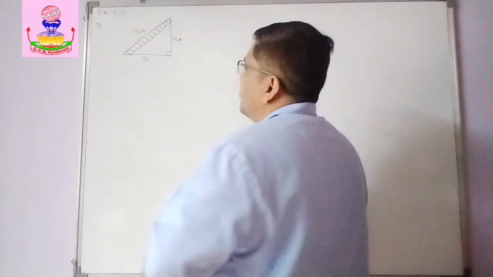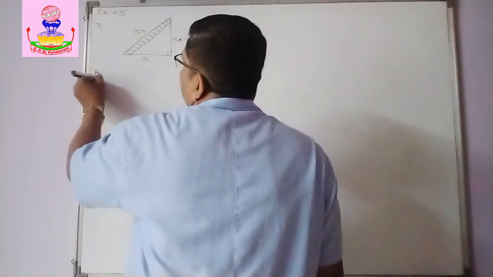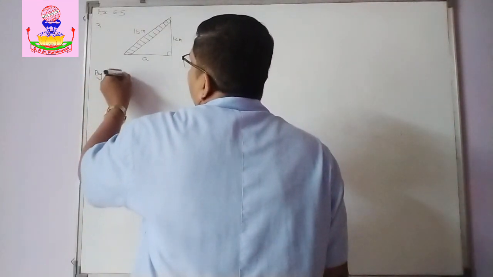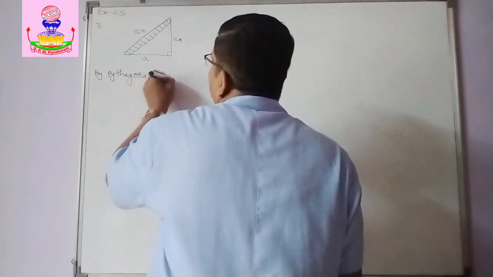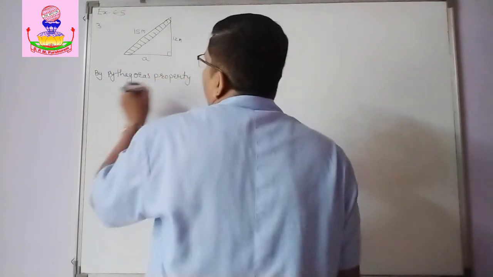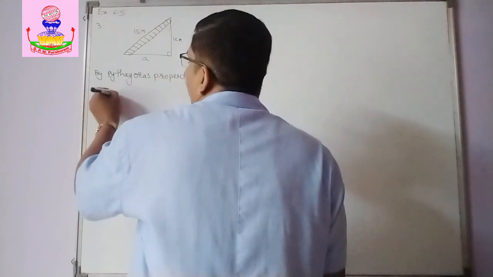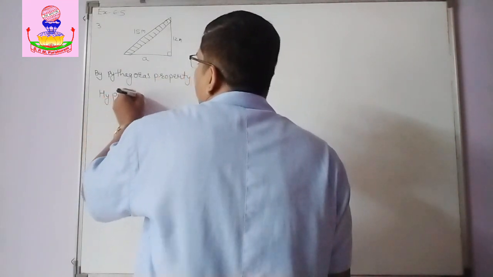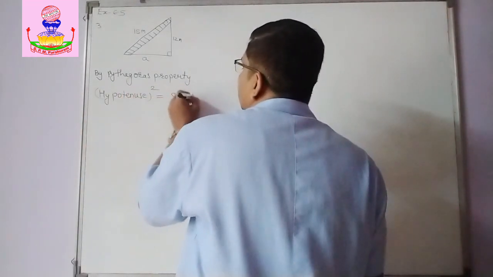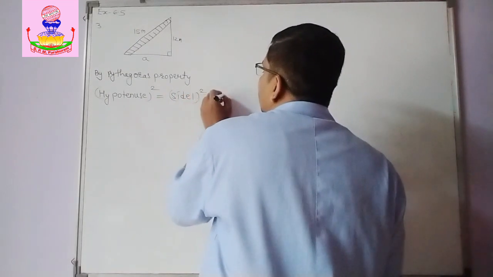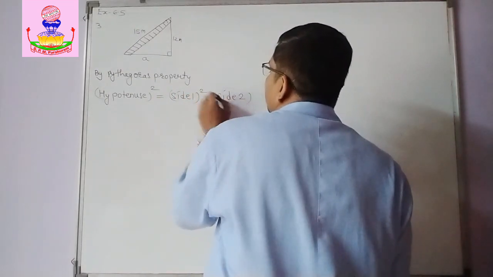Here by Pythagoras property, hypotenuse square is equal to side 1 square plus side 2 square.